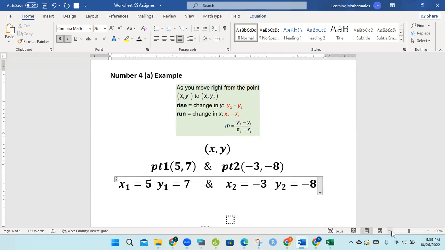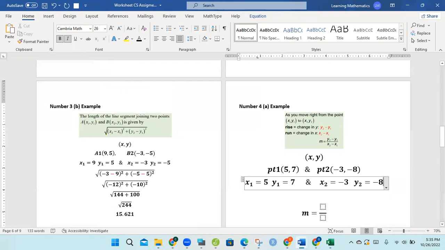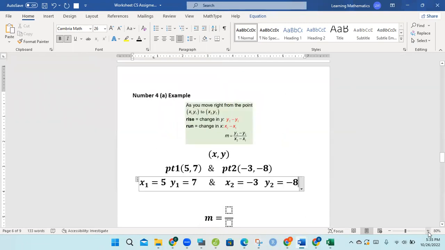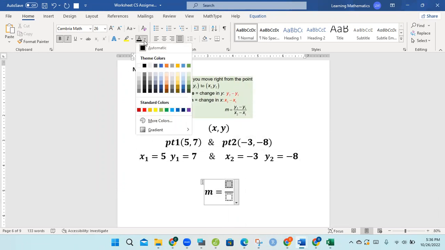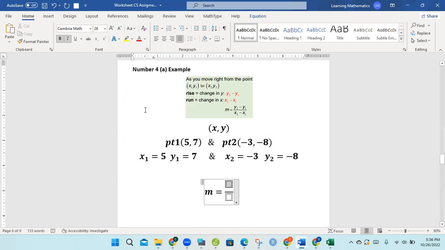So now we can substitute into the formula. Y2 minus y1. The formula comes with a minus, so we can color code it. The formula comes with a negative sign. Here it is, just so as to manage our negatives.